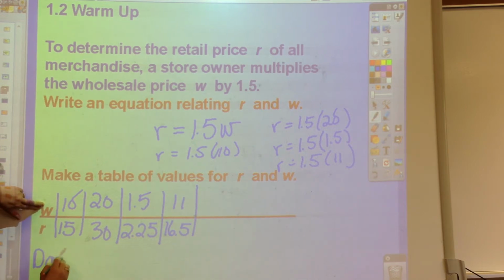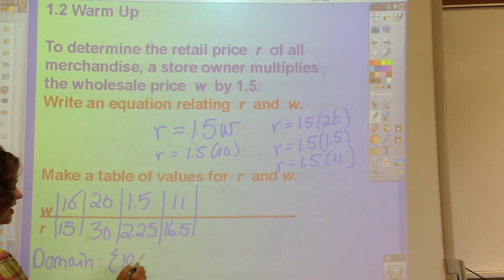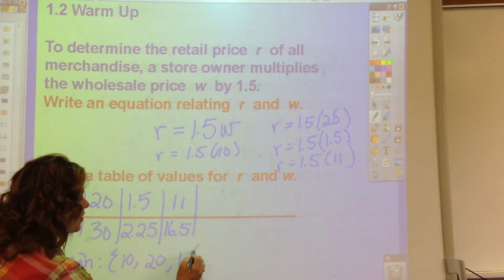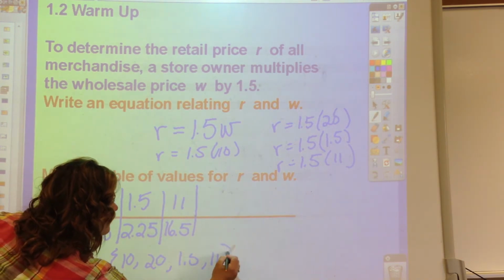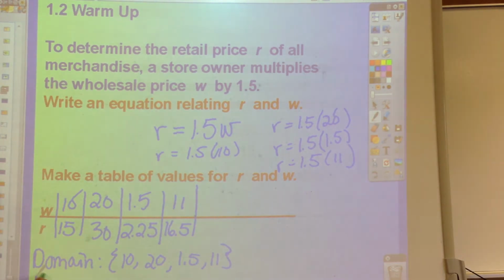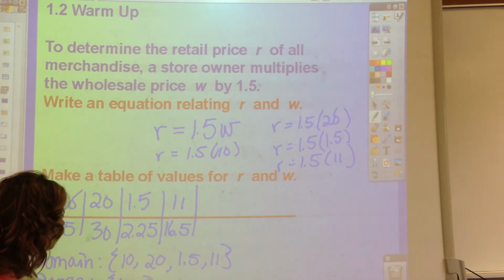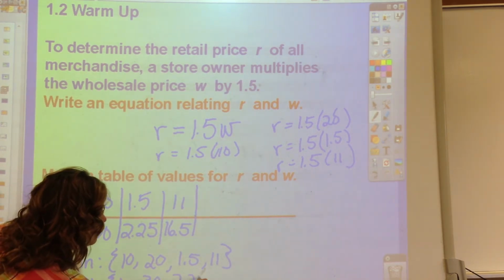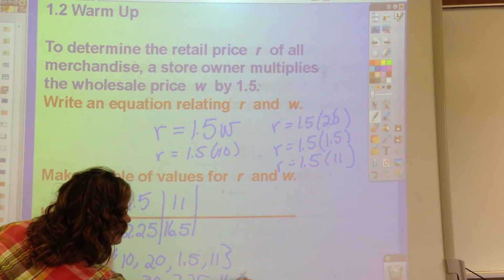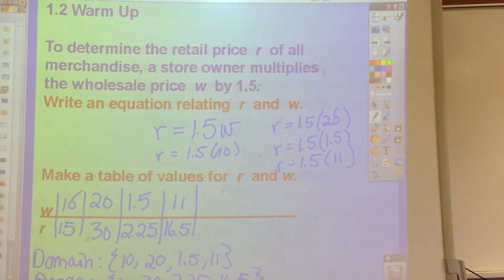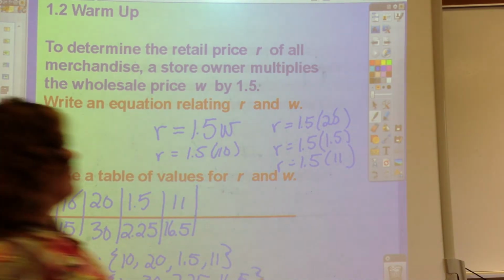Thus, your domain are the values 10, 20, 1.5, and 11. Your range, your dependent variable, which is your retail, are the values 15, 30, 2.25, and 16.5. All right.